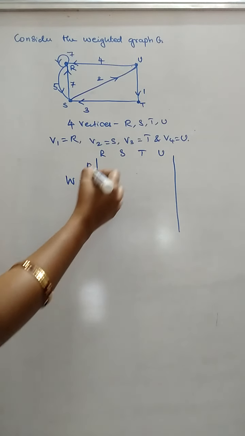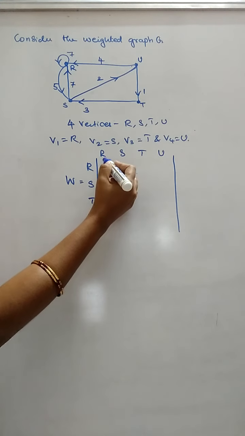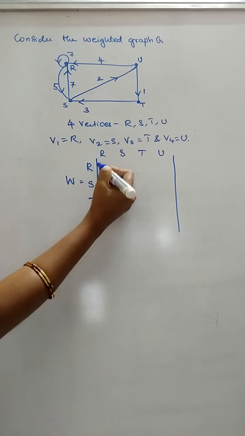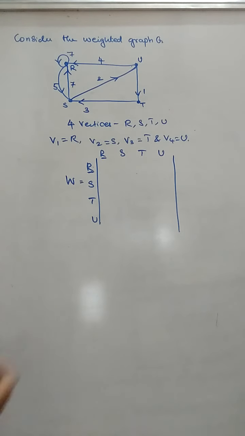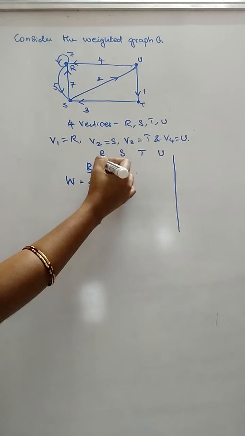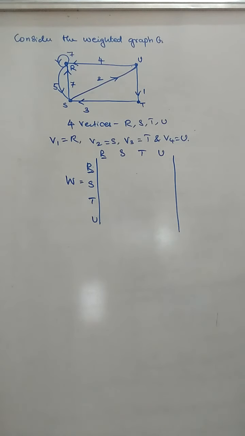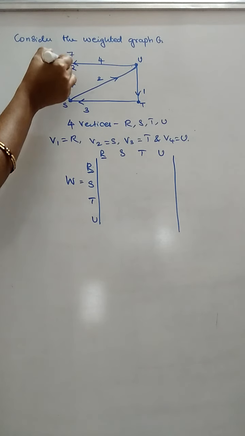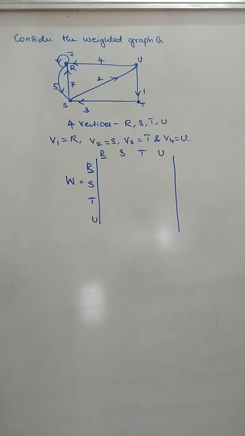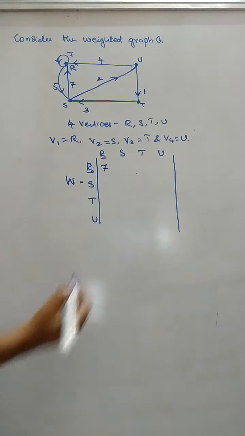And I should check the weight for the edges between the vertex R and R. Here the row is R and the column is R, meaning I should check whether there is any edge connecting the vertex R to R. So it means self loop, right? So here I am checking for that. Yes, I have one edge which is connecting R to R. And the corresponding weight for this edge is 7. So I am writing 7 here.